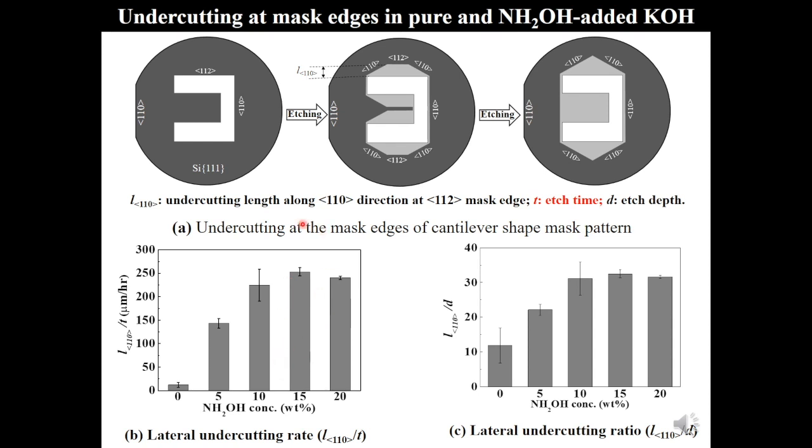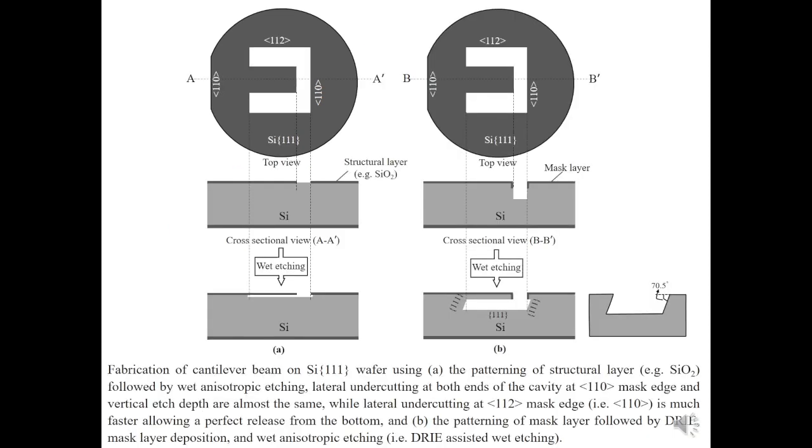The highest undercutting happens in 15% NH2OH added KOH solution. So we can say that by the addition of NH2OH we can increase the undercutting significantly, so that we can release the microstructure in less time.